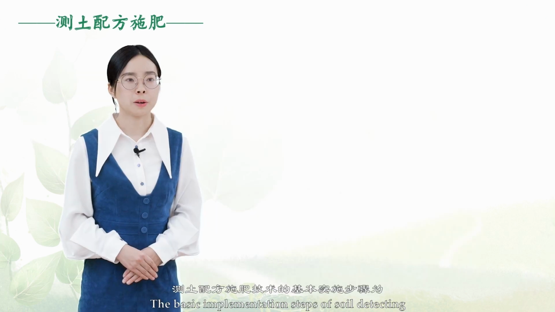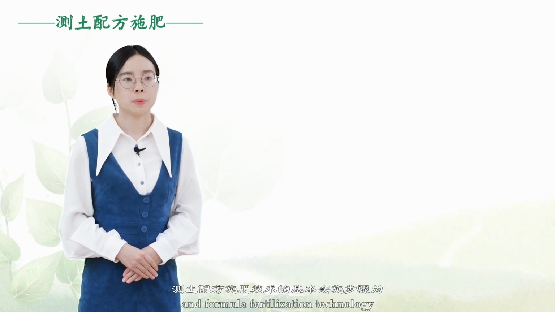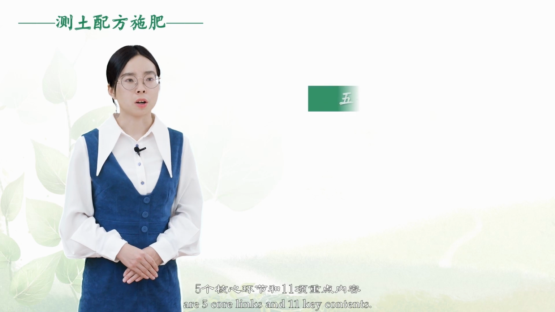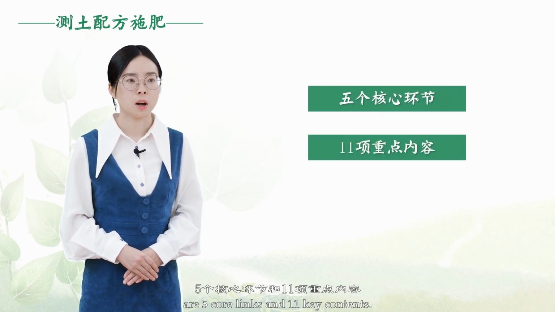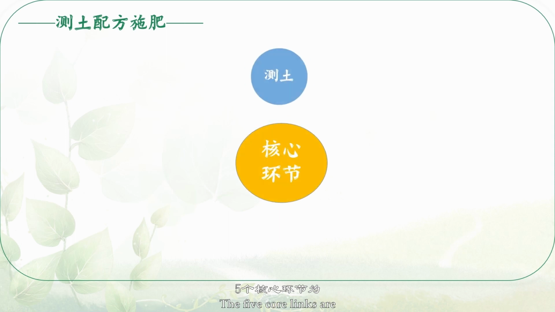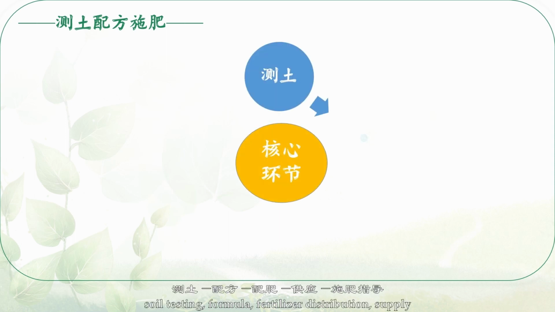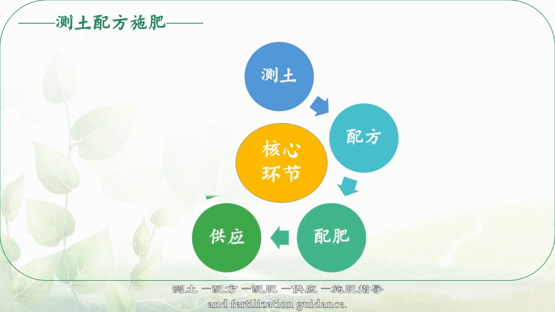The basic implementation steps of soil detecting and formula fertilization technology are 5 core links and 11 key contents. The 5 core links are soil testing, formula, fertilizer distribution, supply, and fertilization guidance.